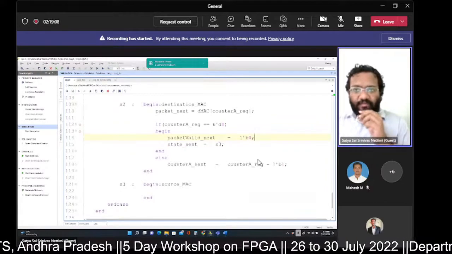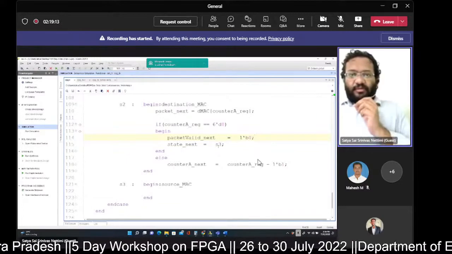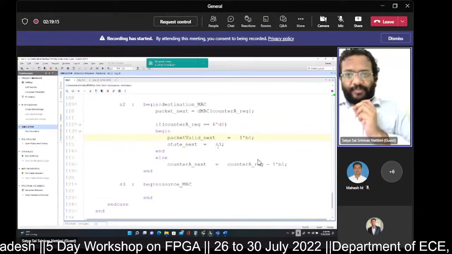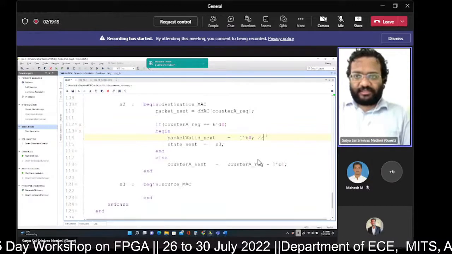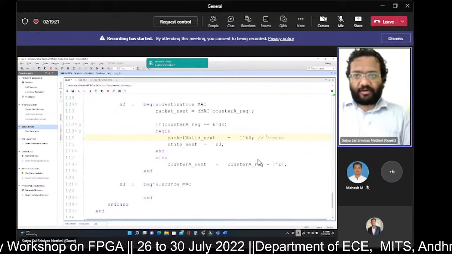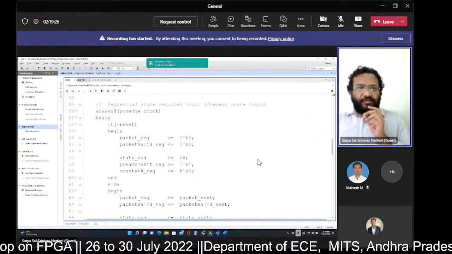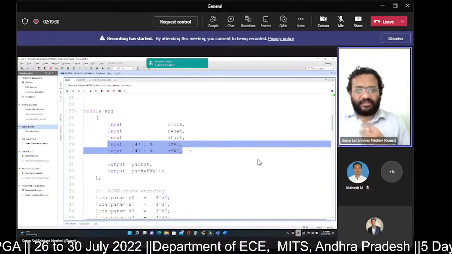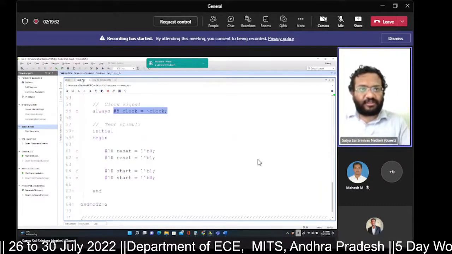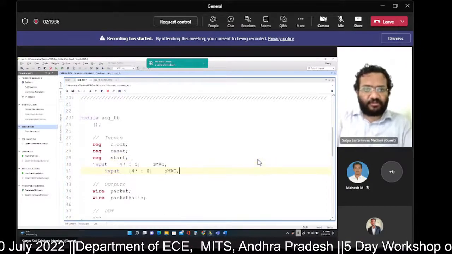So for the time being, we'll make the packet value 0, but we will remove this later. It is insignificant. Now we cannot do simulation as of now, because we have updated the port list, right? This port list, I think, we need to update in the test bench also.